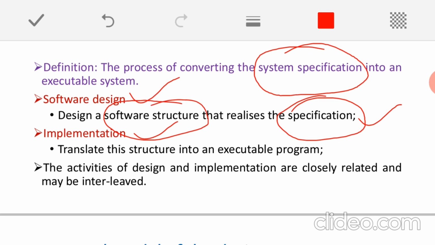Once my design is ready, the design will be converted, means translating this structure into an executable program, which is nothing but the implementation. So both design and implementation are merged over here. Is it clear? The activities of design and implementation are closely related and may be interleaved. So normally we carry out design and implementation in parallel.